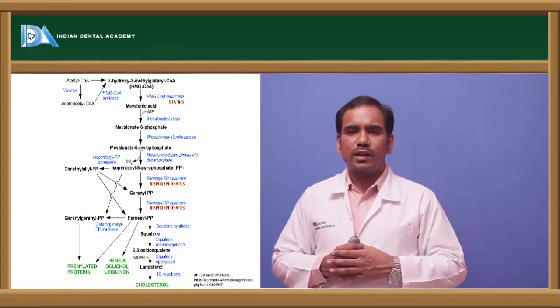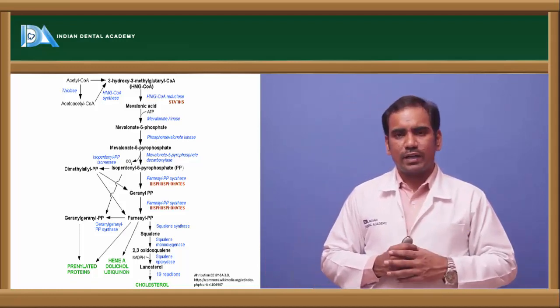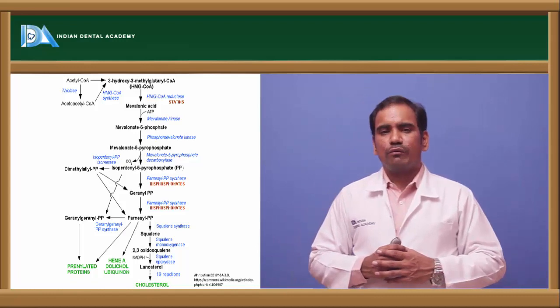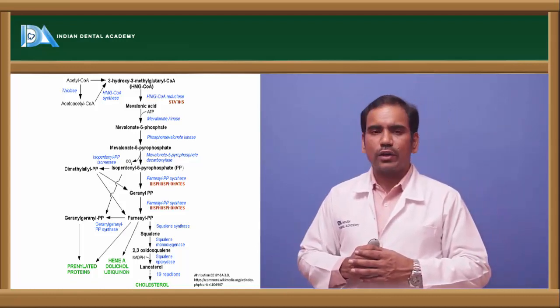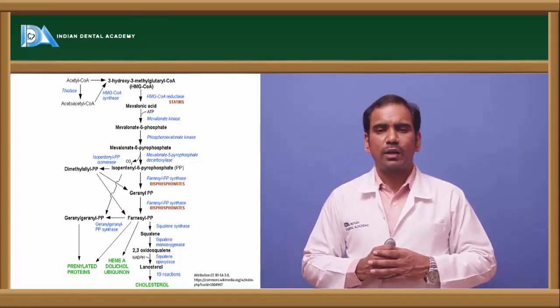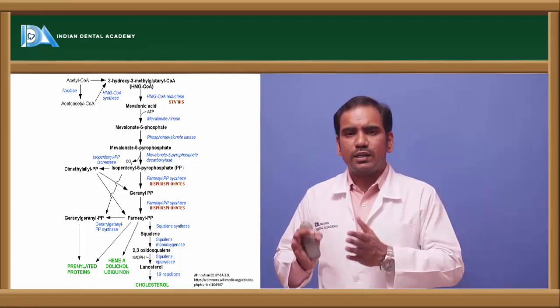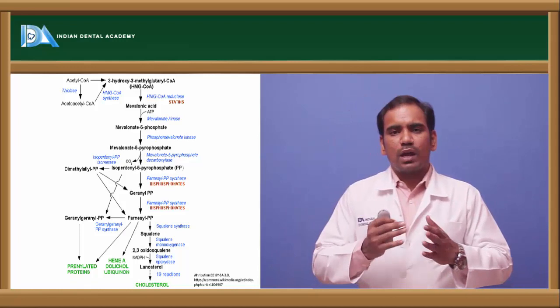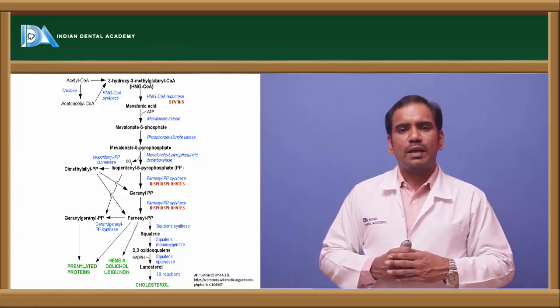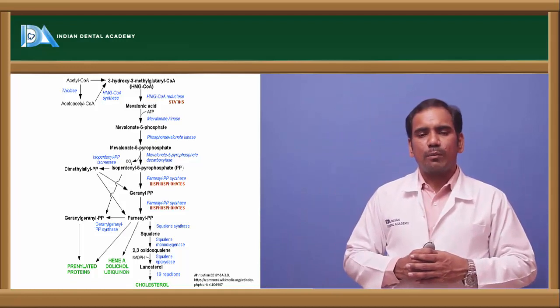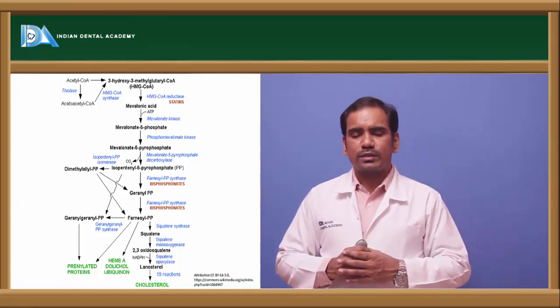That isopentenyl pyrophosphate now has 5 carbons. Mevalonate has 6 carbons, so whenever it undergoes decarboxylation, it is converted into a 5-carbon compound called isopentenyl pyrophosphate. That isopentenyl pyrophosphate undergoes isomerization to form dimethylallyl pyrophosphate. These two are 5-carbon compounds and are isomers.